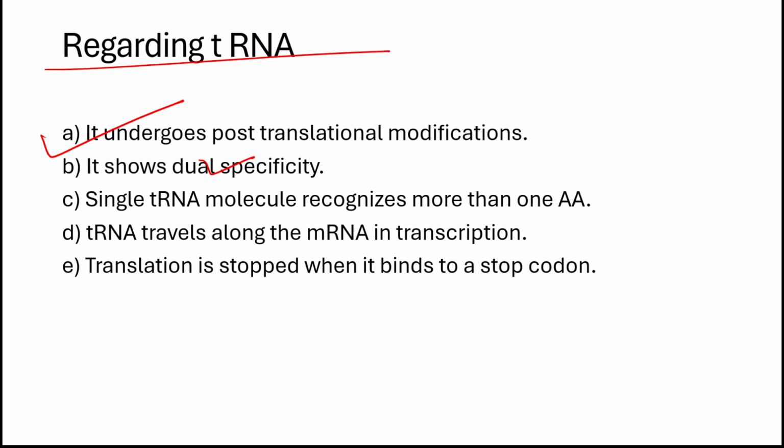Thereby it makes sure that a specific amino acid is brought for the formation of the polypeptide chain. Again, a true statement. Single tRNA molecule recognizes more than one amino acid. Now, as I said, it shows degeneracy, all right.